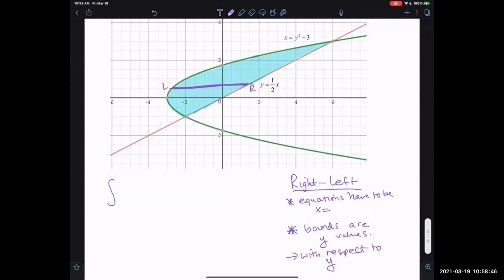So I start with my integral symbol, and I need my y values to be bounds, which means my lowest y value is there, my highest, okay, lowest was right here. That's my lowest y value, highest y value. So I'm going from -1 on y to 3.